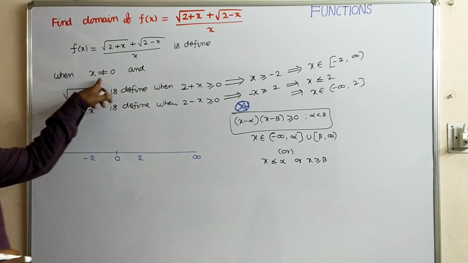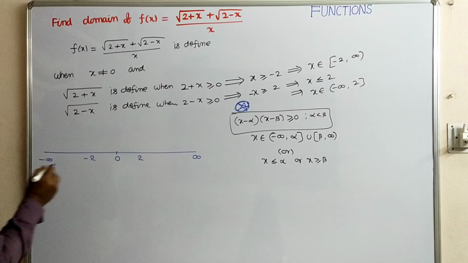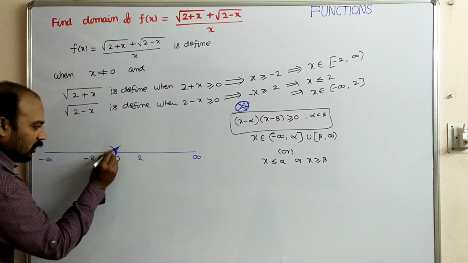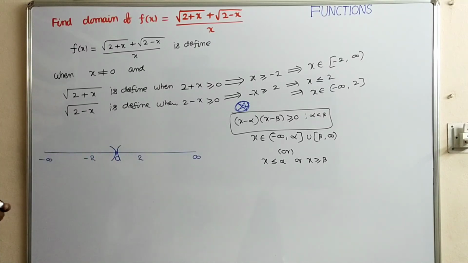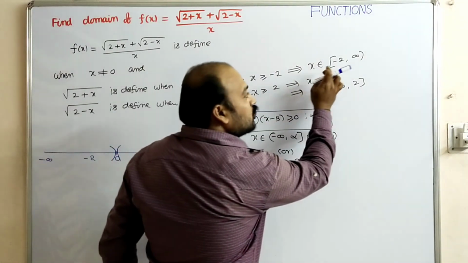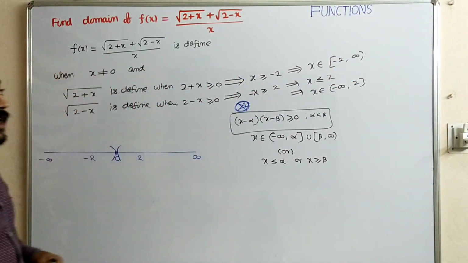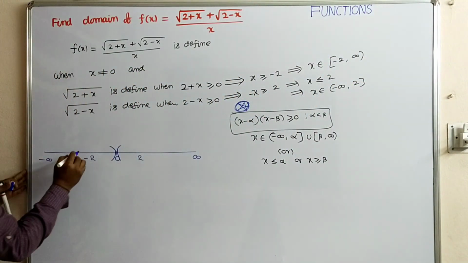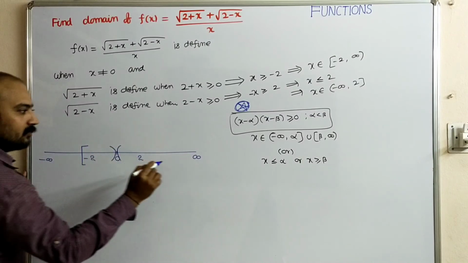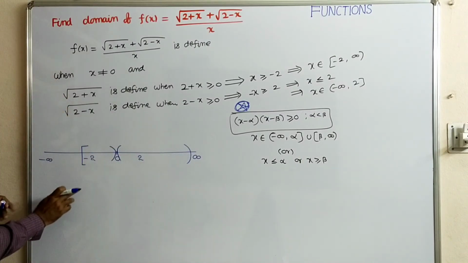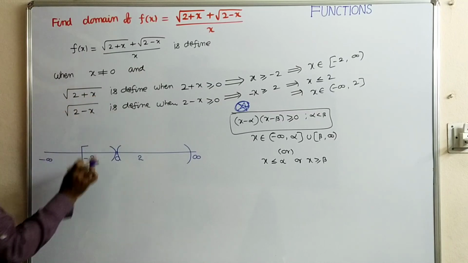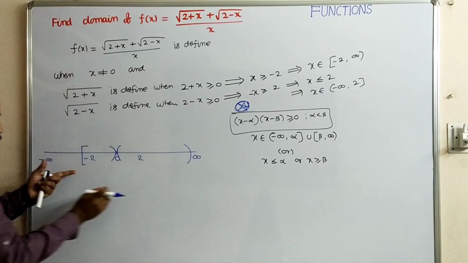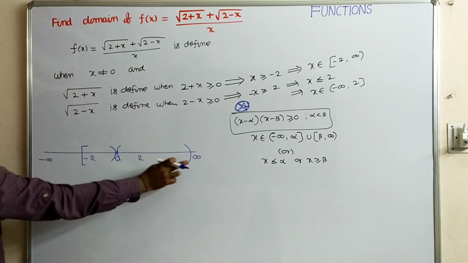Come to x is not equal to 0. So x should not be equal to 0 means open interval. Next, x belongs to closed interval of minus 2 to infinity. So here, square root of 2 plus x is defined from here to here, closed interval of minus 2 to infinity.